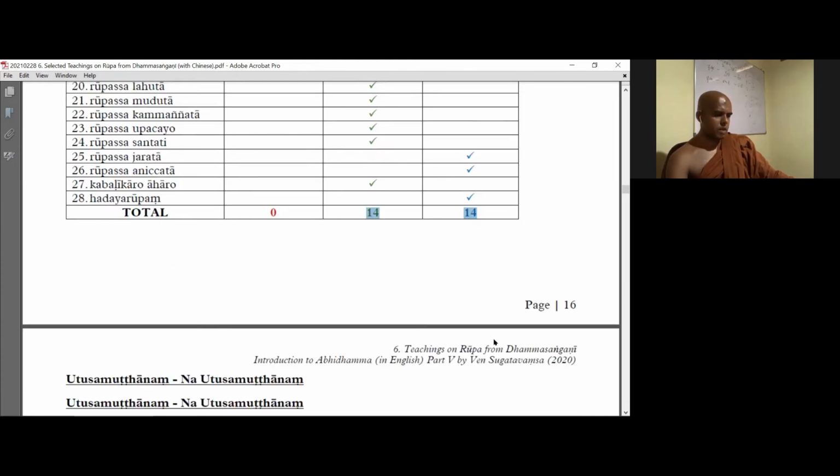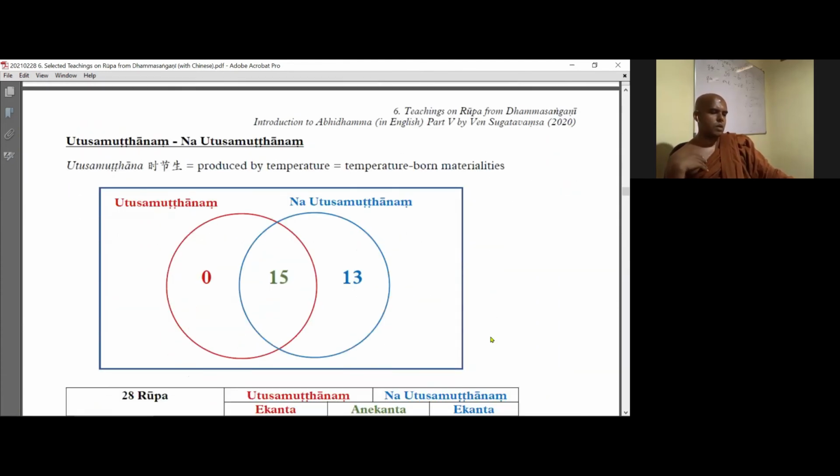Next explanation, next group. According to the Dhammasangani book, it mentions Utu Samutthanam, na Utu Samutthanam: the group produced by temperature, or temperature-born materiality. Utu Samuttana means some rupa produced by temperature.